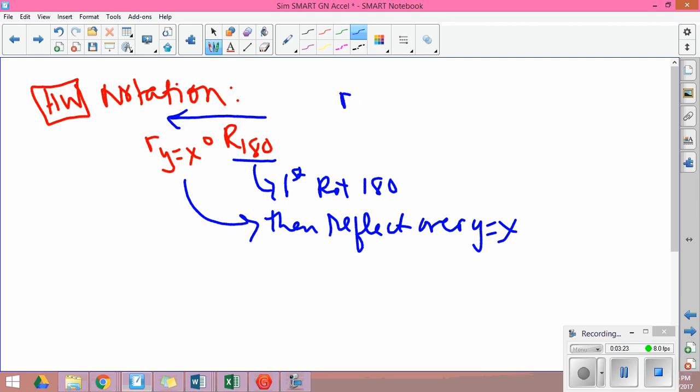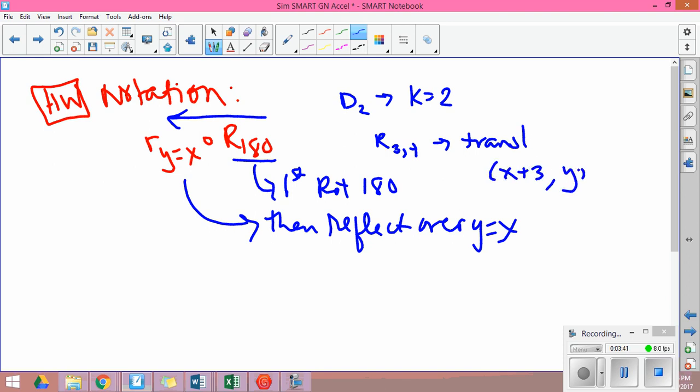You'll also potentially see dilation 2, so that is k equals 2 scale factor, blow everything up by 2. You may also see an r3,4, that is a translation of x plus 3, y plus 4. We just give the coordinates of how we are translating it. But the main key is that you do inside then outside, because as we're going to find out, order often matters with compositions.